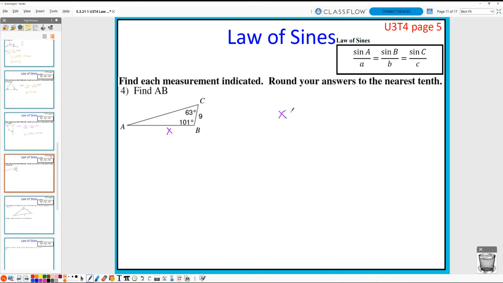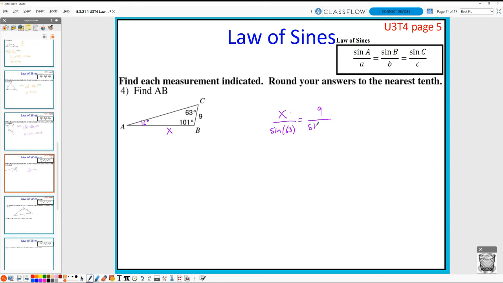So I got X over the sine of 63 is equal to 9 over, again, I don't have the value of this angle. Once again, 63 and 101 is going to be plenty of information for me to solve that last side. So 180 minus 63 minus 101, I have 16 degrees on this side.